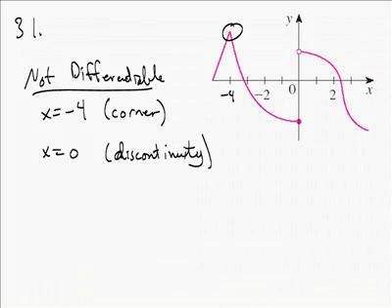Now, it almost looks like we have a third spot where the tangent line is vertical and thus the slope is undefined, but I don't think we ever get to that place over here. So I think it's only those 2 points, at -4 and 0, a corner at -4 and a discontinuity at 0, that make it not differentiable.